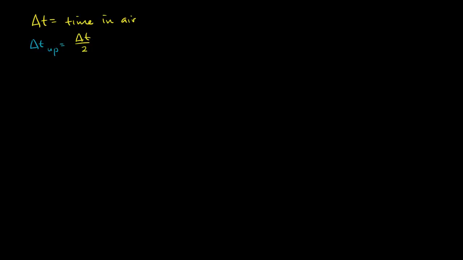So what was our initial velocity? Well, all we have to do is remind ourselves that the change in velocity is the same thing as the final velocity minus the initial velocity. Remember, we're just talking about half of the path of this ball. It gets released at its maximum upward velocity, and it goes slower and slower until it's stationary for just a moment and then starts going down again.